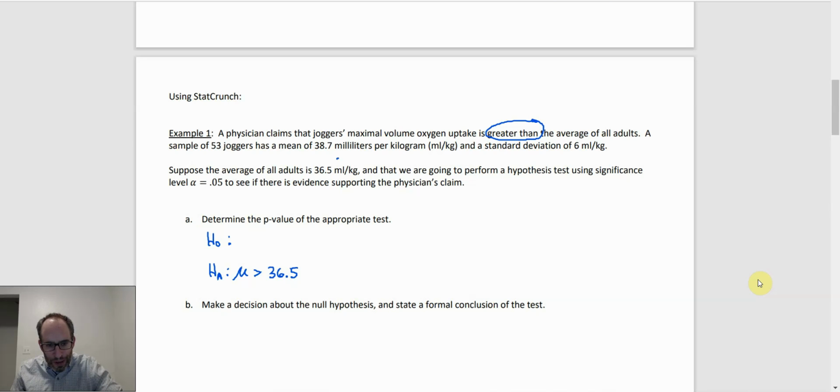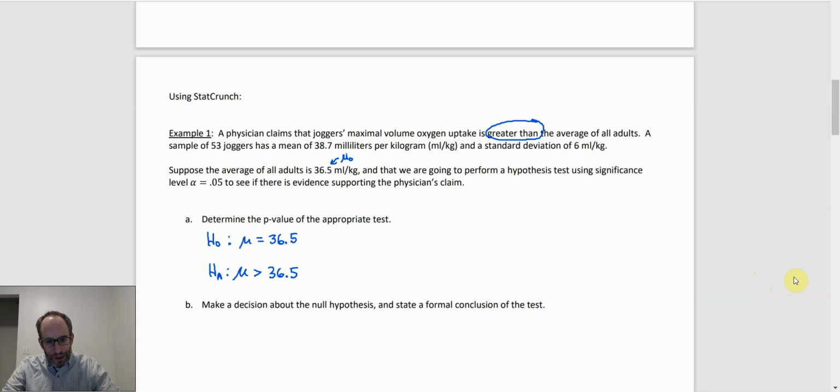Right, so right there, that's our mu 0. And then our null is going to be that mu is equal to 36 and a half. If you back solve for the null, just put an equal sign in there.